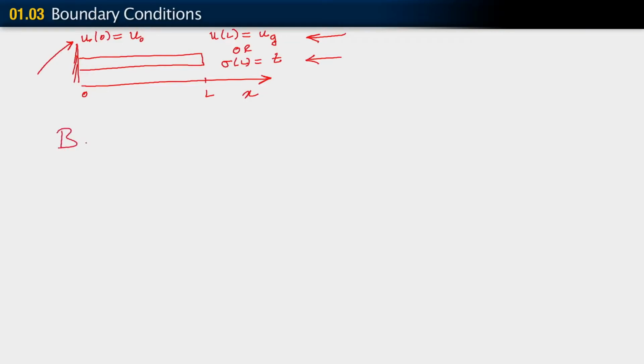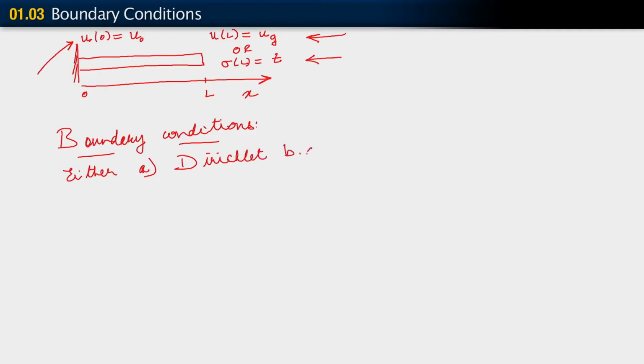So in terms of boundary conditions, we have either case A being Dirichlet boundary conditions. As we go on, I will often use BC as short for boundary condition.